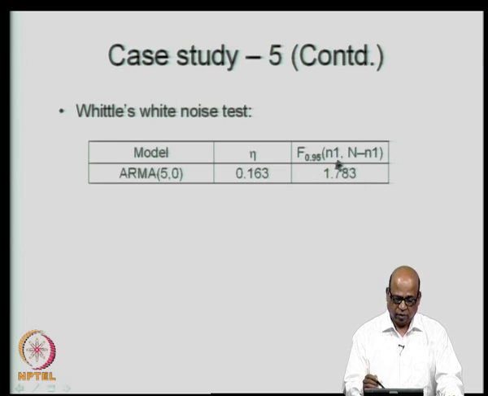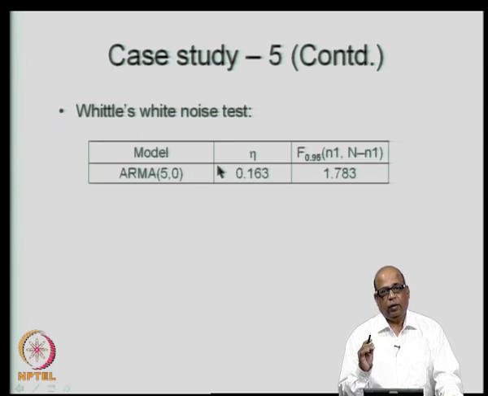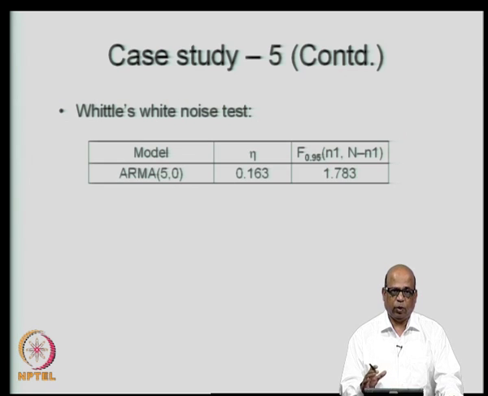So you get F 0.95, n1, n minus n1 as 1.783, and therefore, this eta being less than the critical value of F, it passes the test, and we conclude that the residual series that you obtain by applying the ARMA 50 model on the remaining half of the data passes the test of white noise, indicating that the residuals are all uncorrelated.